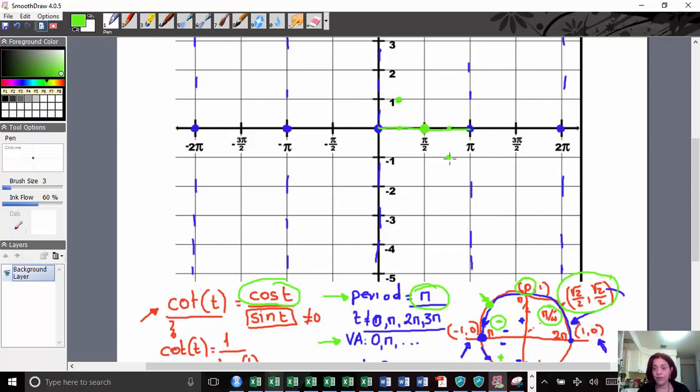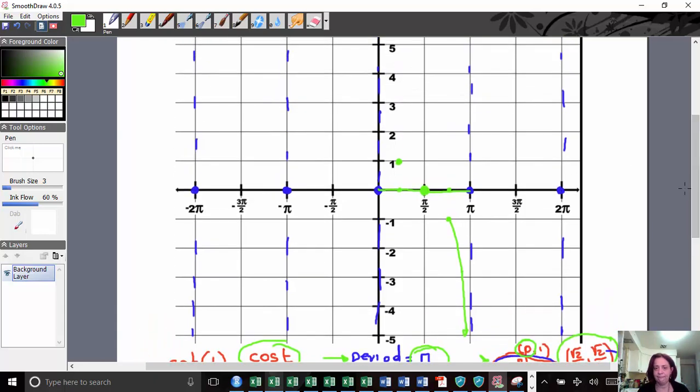We also know that the cotangent has a vertical asymptote at pi, and since it has already crossed the x-axis, it's not going to cross it back, so it's going to go vertically and approach the vertical line x equals pi.